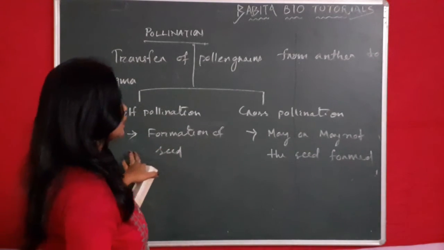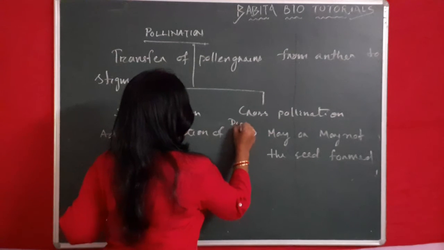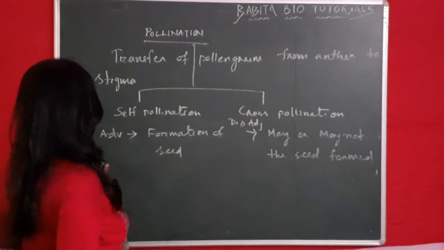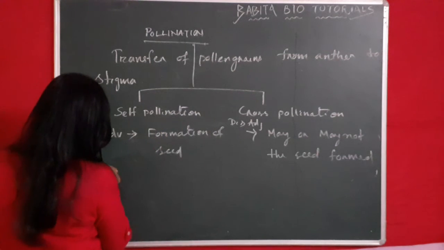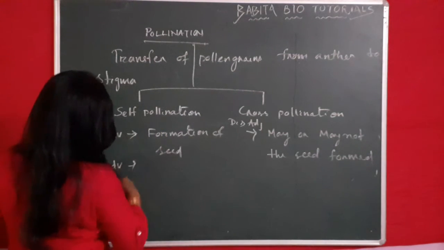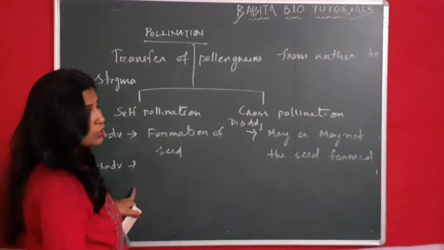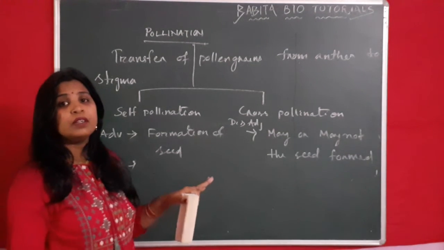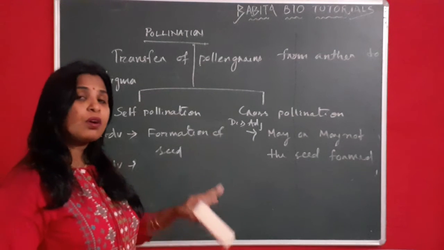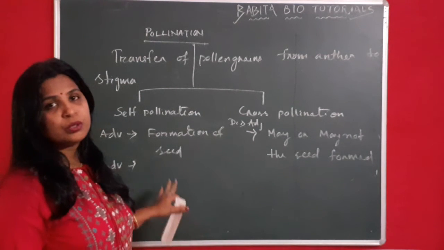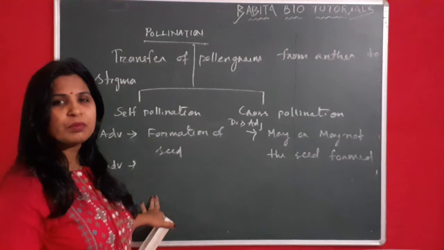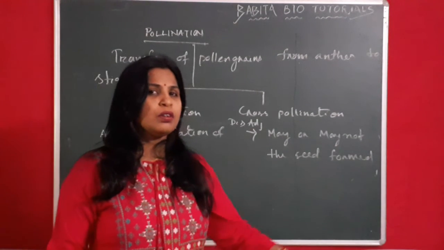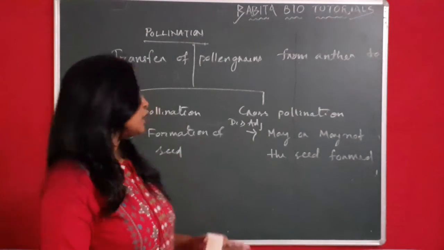This is the disadvantage for the cross-pollinated plant. And what is the disadvantage of self-pollinated plants? The progeny which is formed comes from the same gene pool, so it will not survive well in unfavorable conditions.